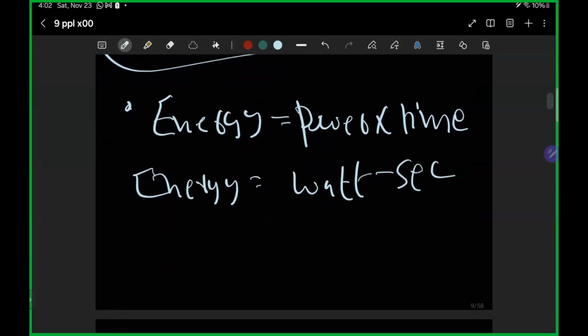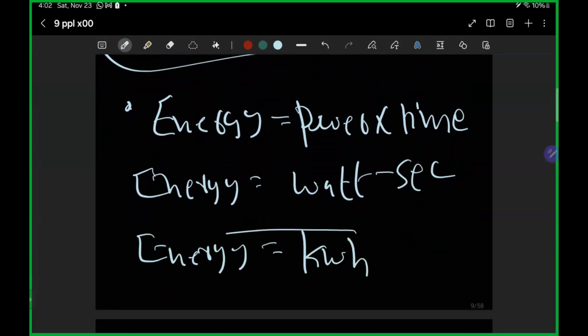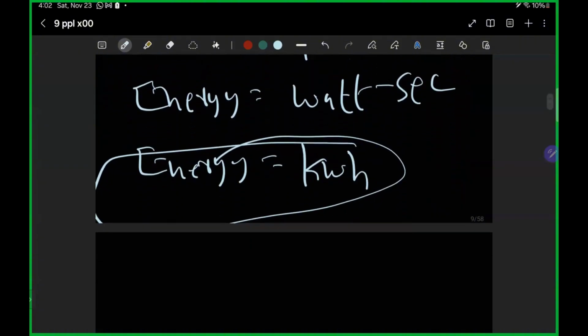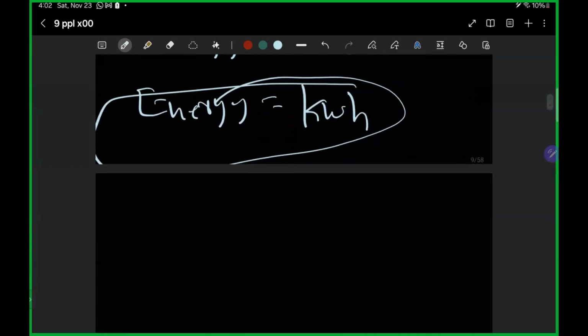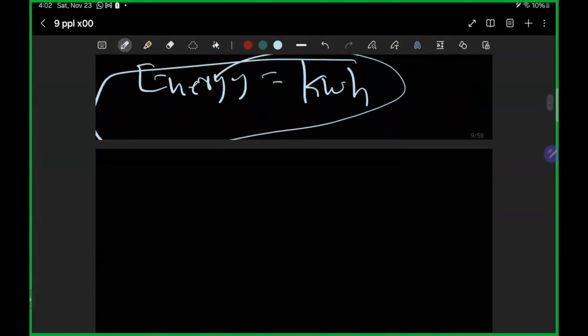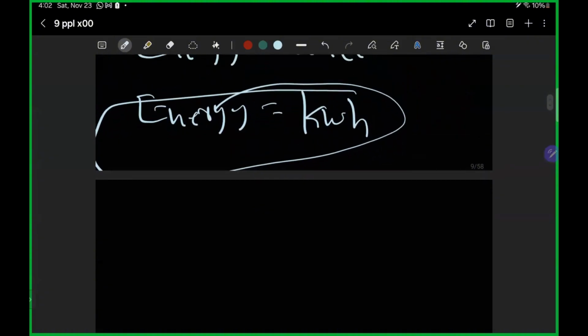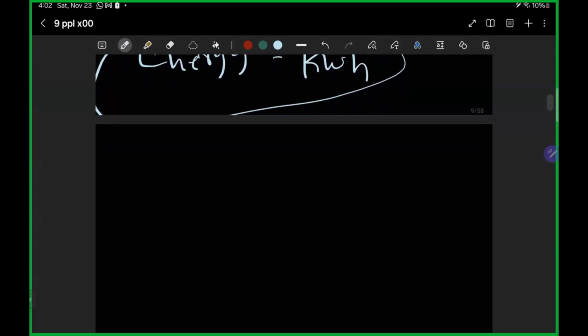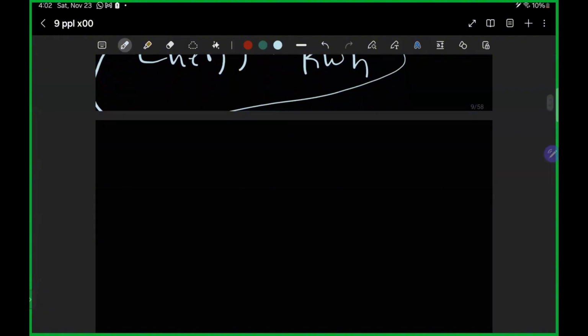So it is usually measured as watt second, or it can be calculated as kilowatt hours, which is the unit of electrical energy. In our home appliances, the bill comes in accordance with the kilowatt hour consumption, that is, how many kilowatts one has consumed in 1 hour. That is one unit of electrical energy.